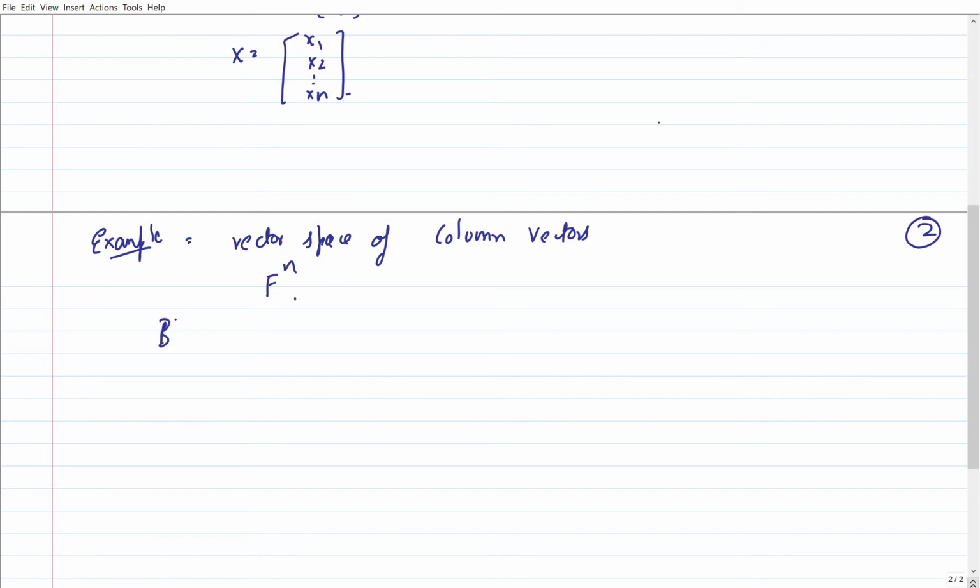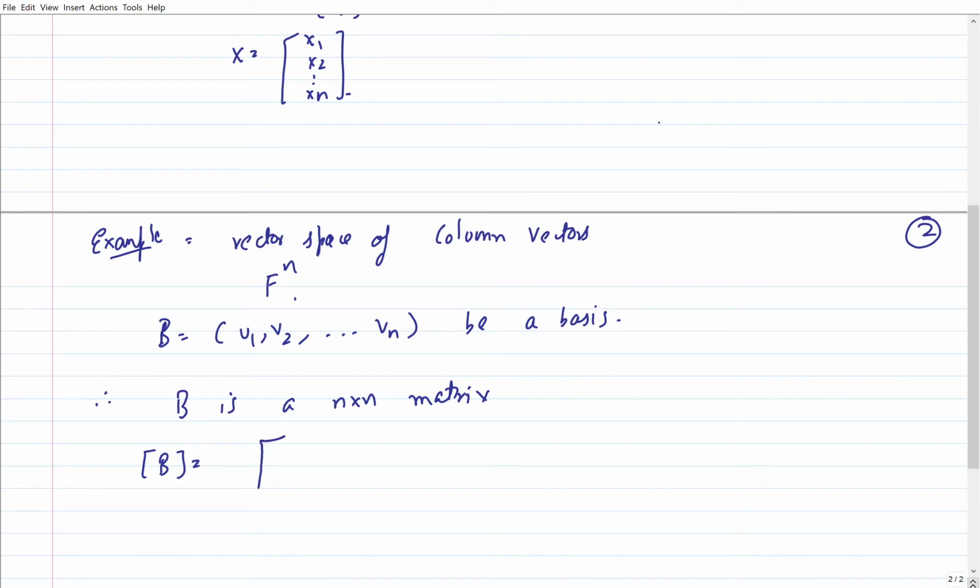So I have a basis which is an ordered pair. Let this be a basis. So therefore B is an n by n matrix. So I can write B as all these columns stacked together.